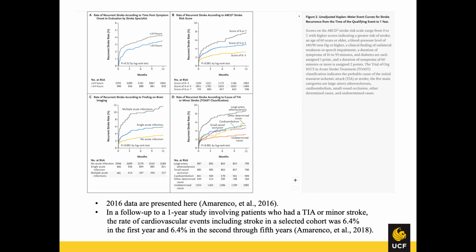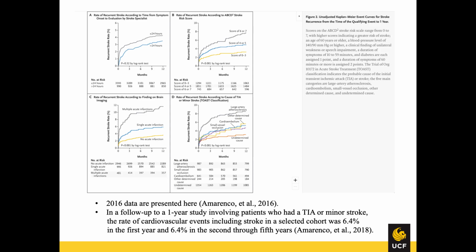These were the most recent data that I could find looking at the presentation of TIA, and what is it in terms of predictive value that a TIA event or a minor stroke event will have on significant cardiovascular events, including stroke, a year later. And then looking at it again, years 2 through 5.